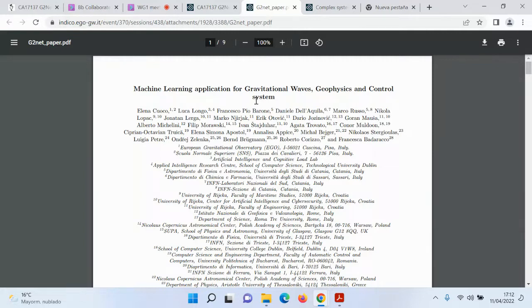Yes, you're perfectly right that we didn't really discuss this like that. We just said that there is this idea about the working group paper, a G2net working groups paper, and that was basically just an announcement that this idea is floating around. But now we are actually discussing how to do it, and maybe also a little bit what to do.